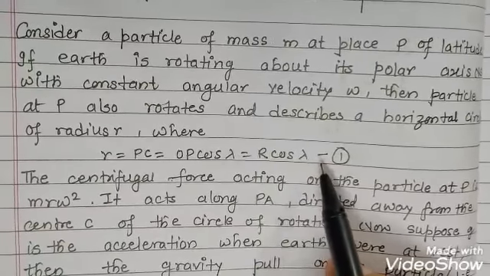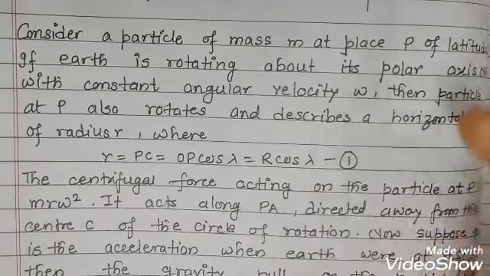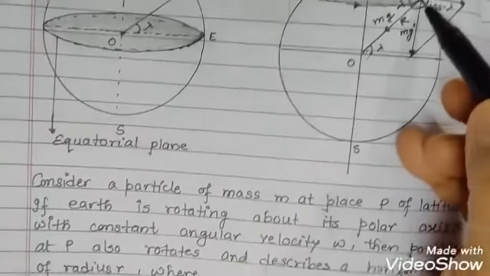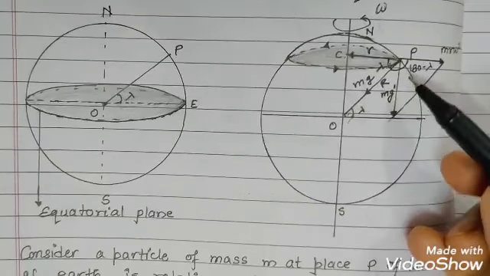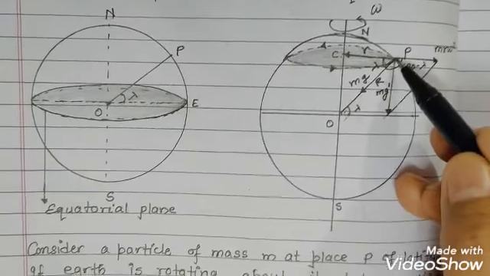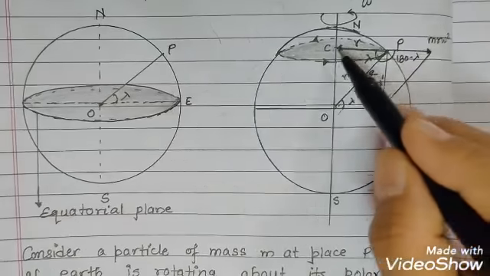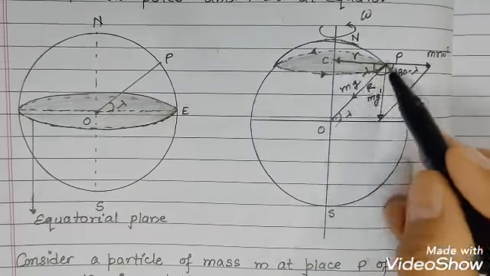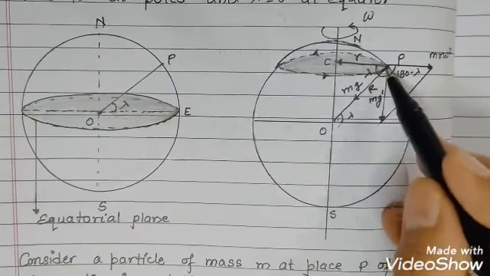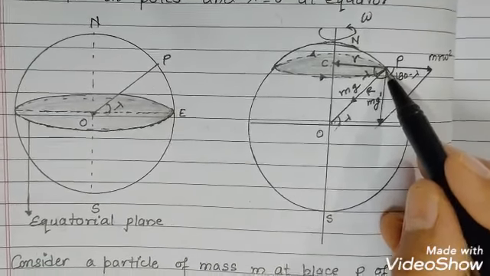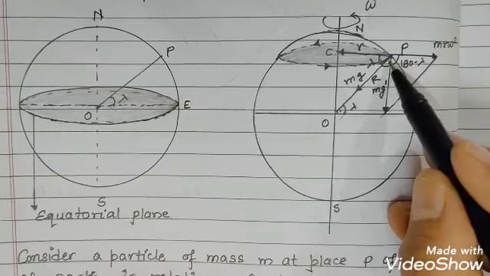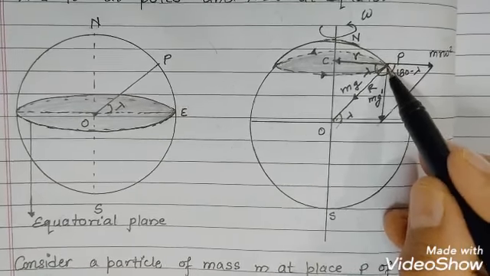This is equation 1. Okay, now at this point P, we consider the centrifugal force acting on the particle. We know that the centripetal force is working towards PC, and that centripetal force is mv square upon r, or in terms of angular velocity, m r omega square.